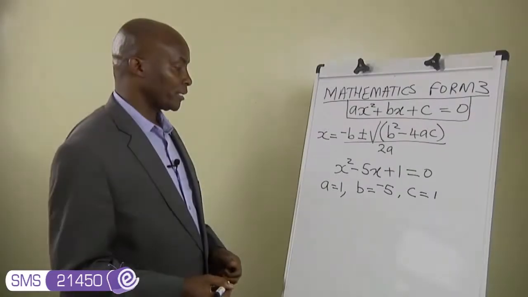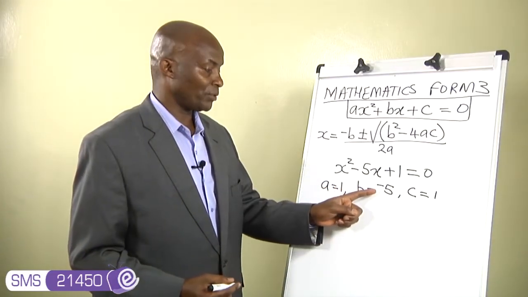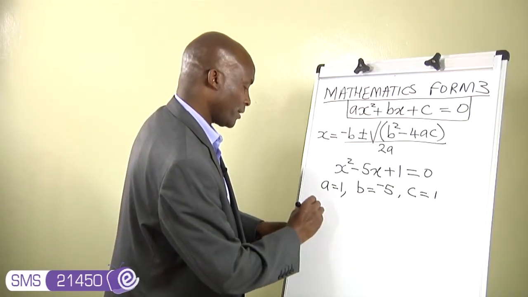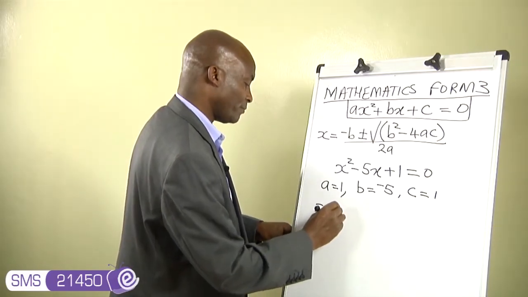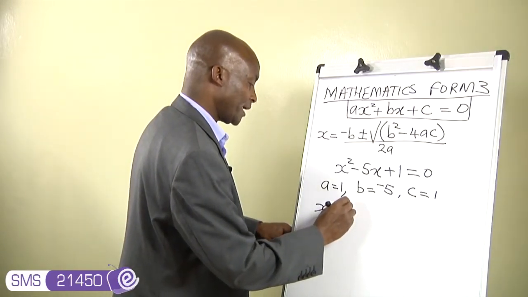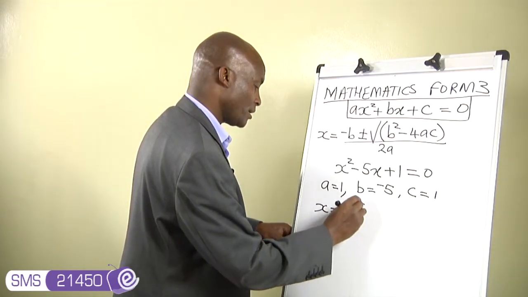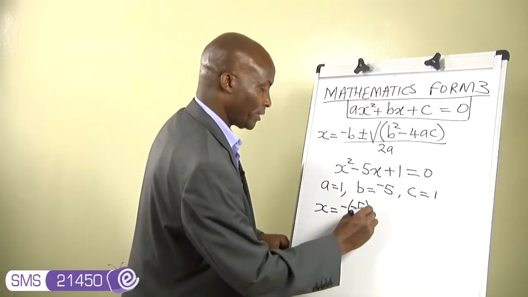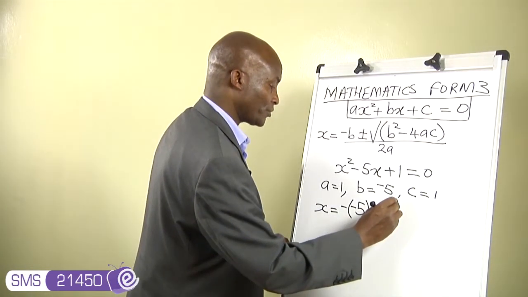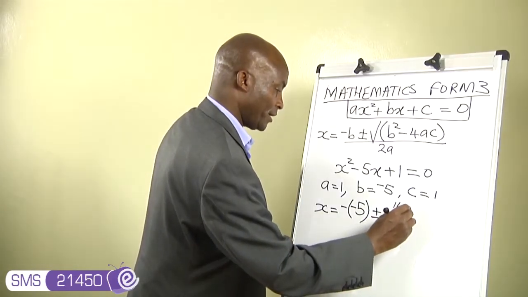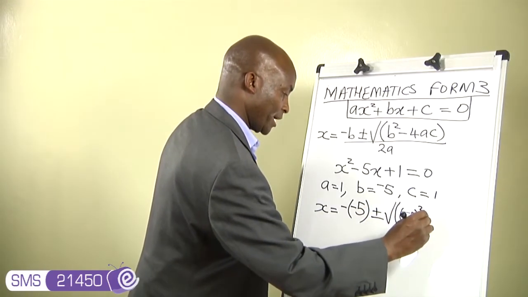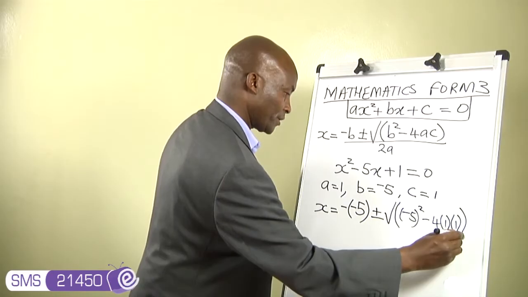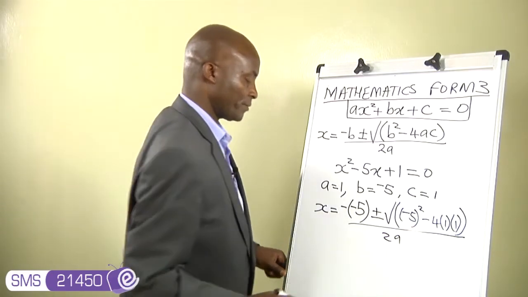Okay, so a equals 1, b equals negative 5, c equals 1. And so, if we put this in the quadratic formula, we will have negative of b, b is negative 5, so negative of negative 5 plus or minus the square root of b squared minus 4ac, divided by 2a.